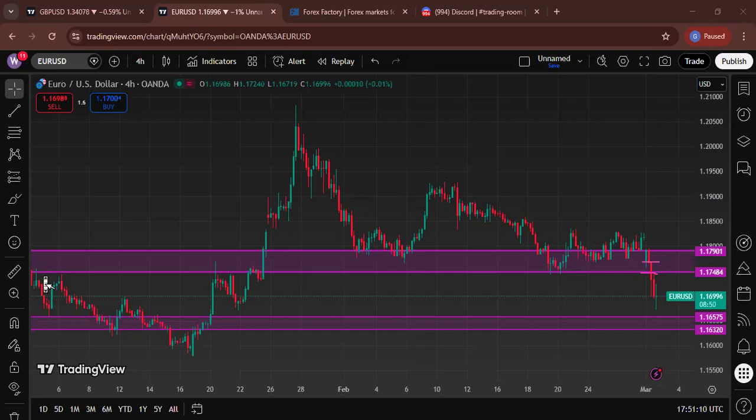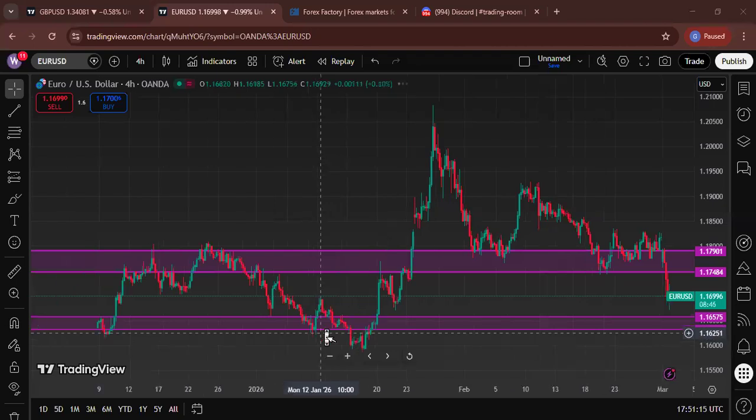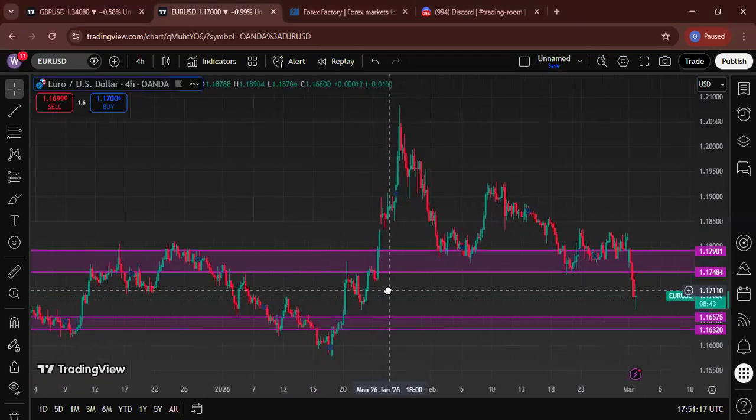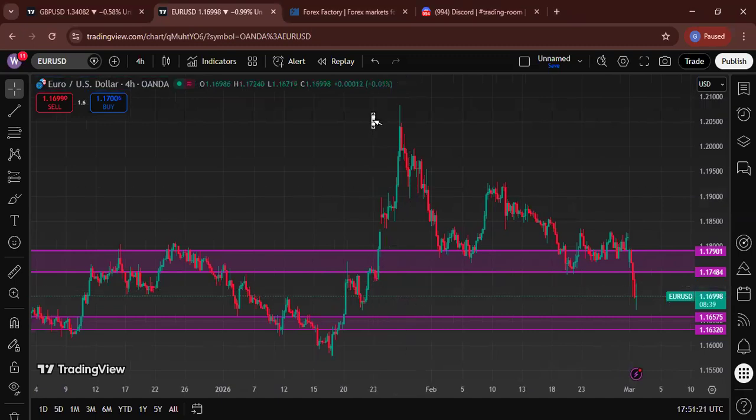If you look to the left, this is what you have. So this was a previous supply, then price broke above this and rallied all the way to these highs of 1.2400.